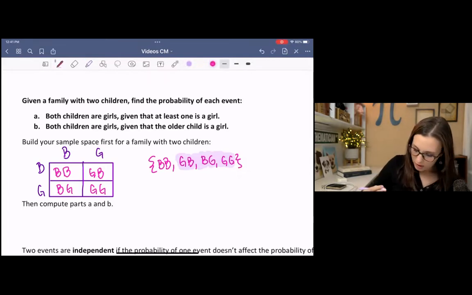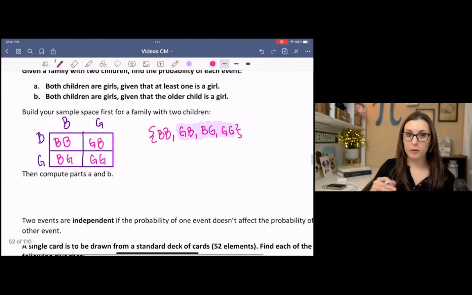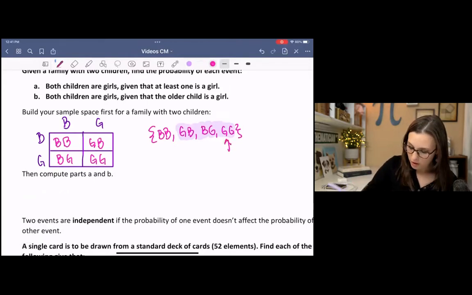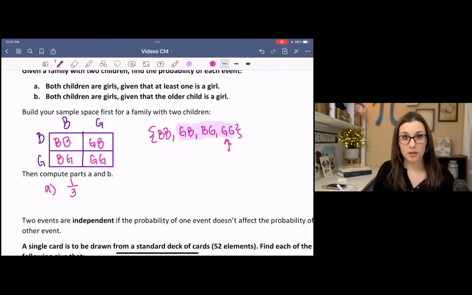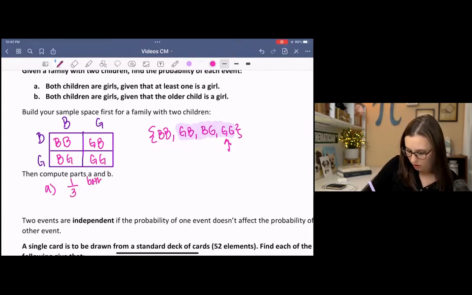Then we're finding the probability from those options that both are girls. That is a 1/3 chance. That's both girls over at least one.